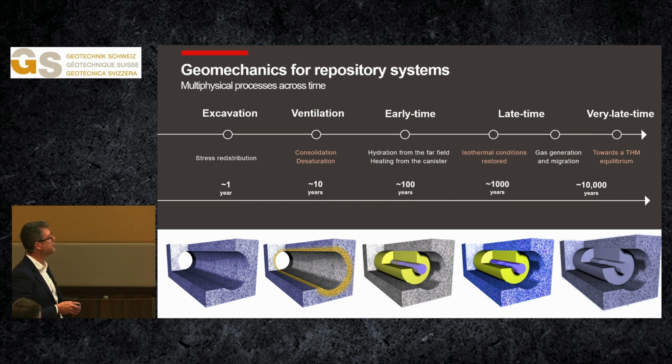And at a very late time, there will also be, as we mentioned before, the gas generation and migration problem. Corrosion of different materials in the repository will generate gas. So a mass of gas is created in a very compacted space where little volume is available for the gas, and this will result in the buildup of gas pressure. Those are the main aspects that we have to take into account in our geotechnical analysis.